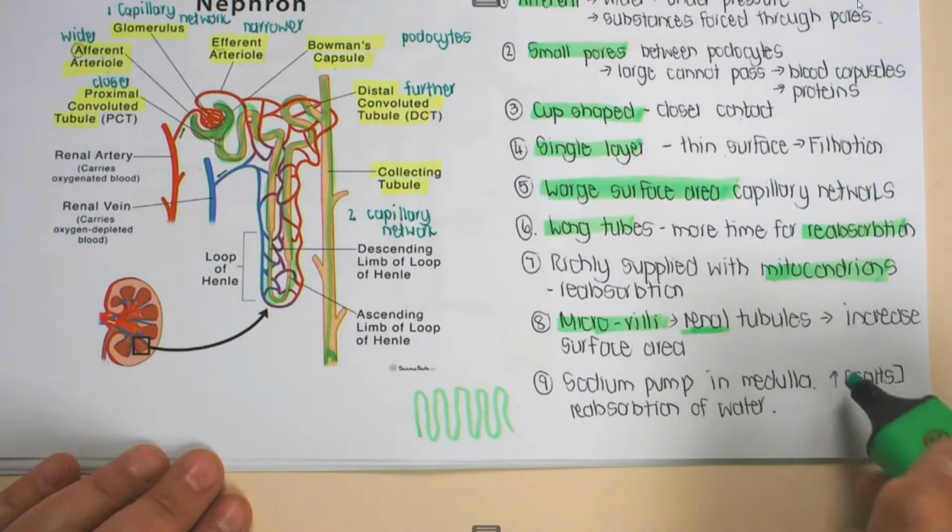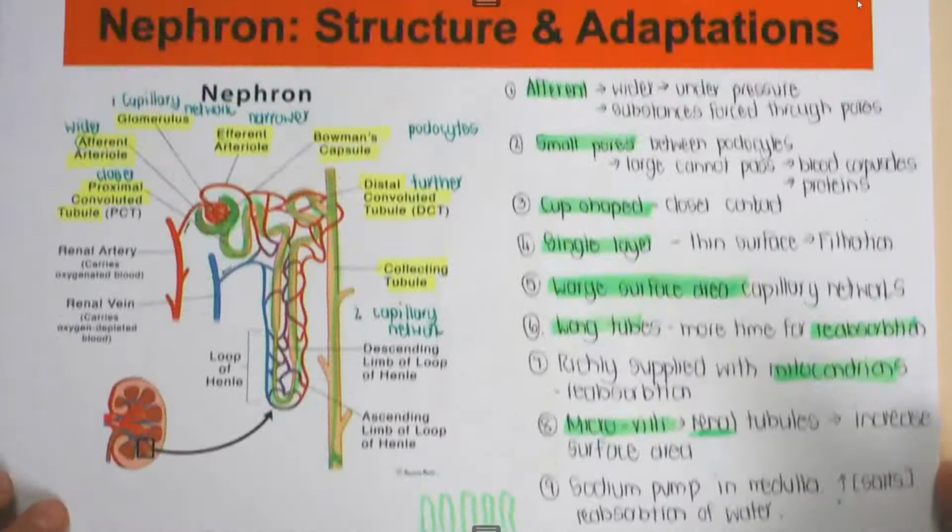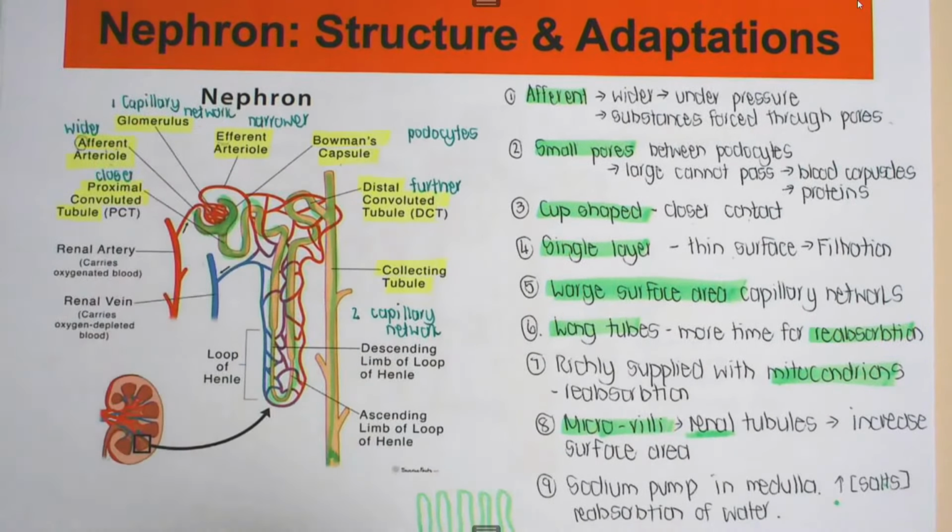There's a high concentration of salt so that there's reabsorption of water, so that that can take place. So when I look at this, this is how the nephron looks. It's inside the kidney. This one is doing the job for the filtration, for the reabsorption, and for the collecting of urine that is going to go to the bladder.